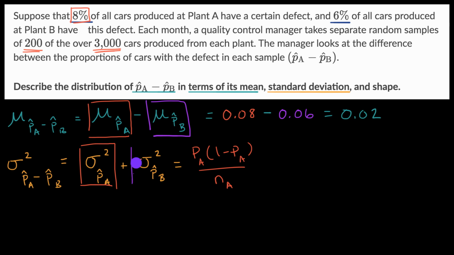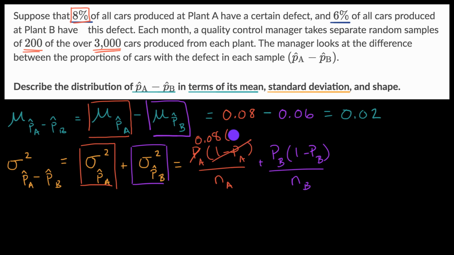And of course, we can use the same logic. This is going to be equal to the population proportion in plant B times 1 minus the population proportion in plant B, all of that over your sample size from plant B. And we know all of these things. We know that your population proportion in plant A is 8% or 0.08. 1 minus that is 0.92.